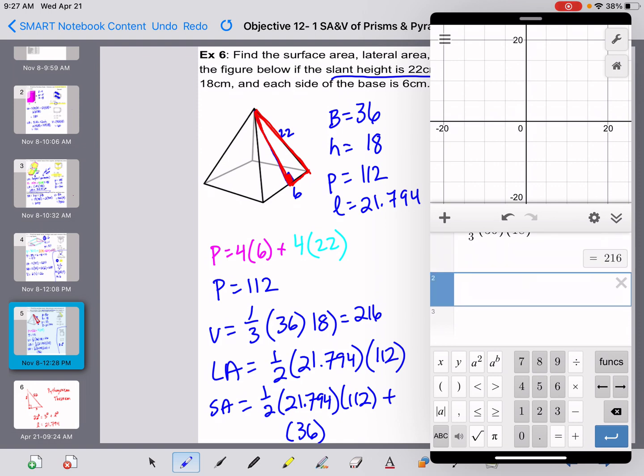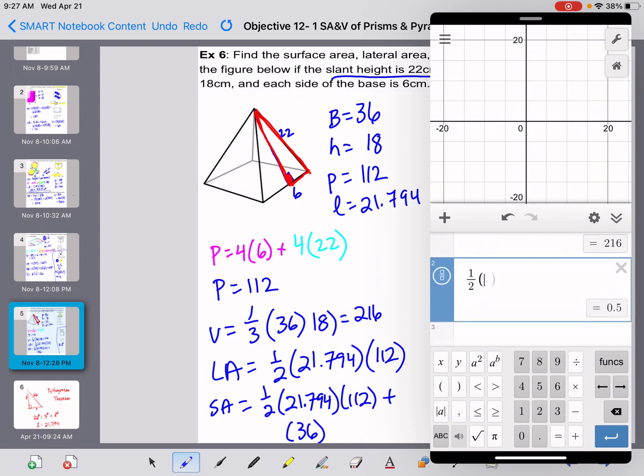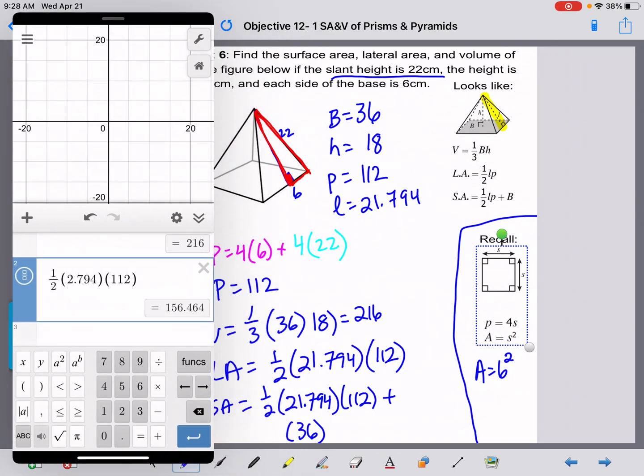Now, I'm going to type in 1/2 of that 21.794 and the 112. And I'm going to get 156.